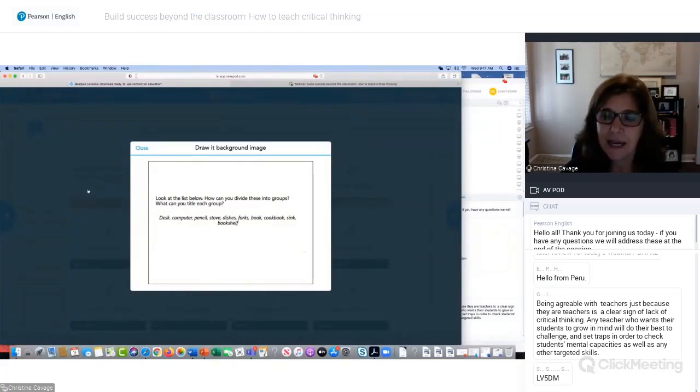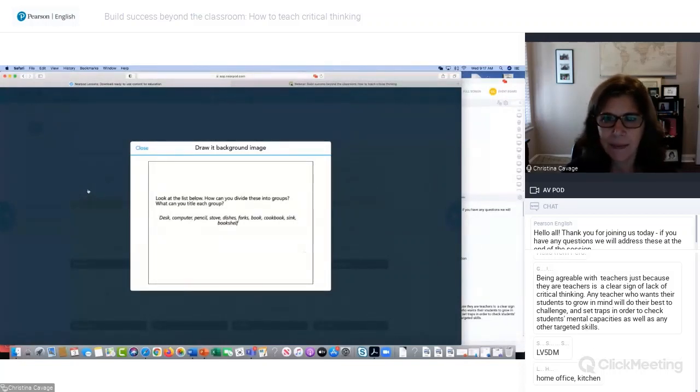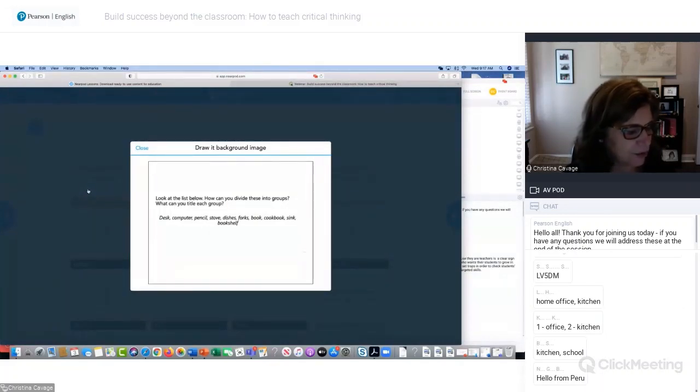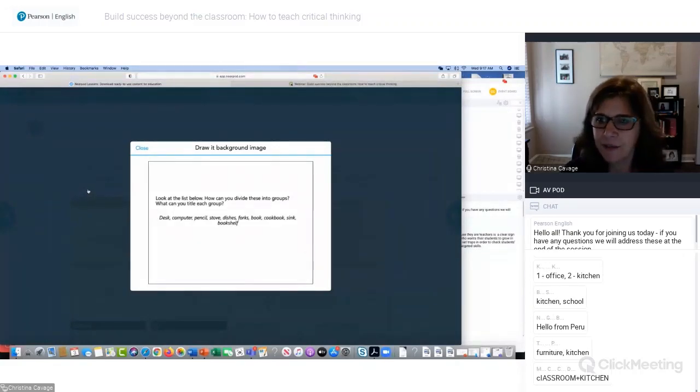If you're on a desktop, you'll notice when you hit the keyboard on the bottom of your Nearpod, you'll be able to type in there. So I'll give you a minute, and this is really working on our second strategy here. So look at that list and how can you divide them into groups?